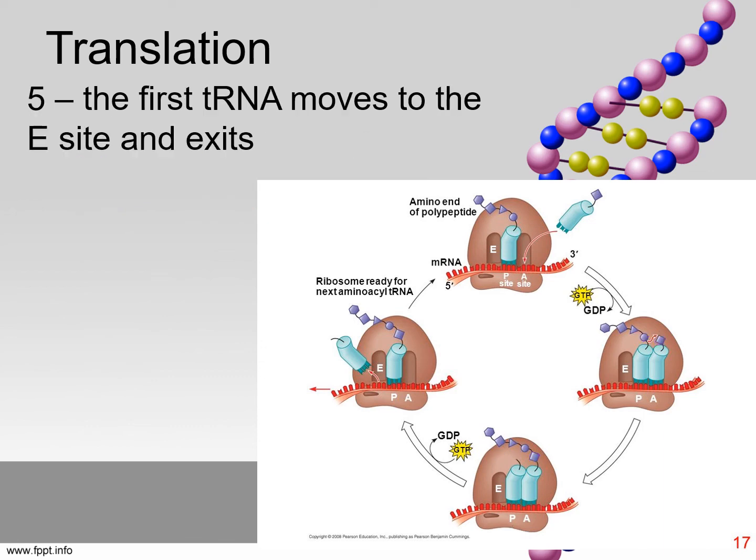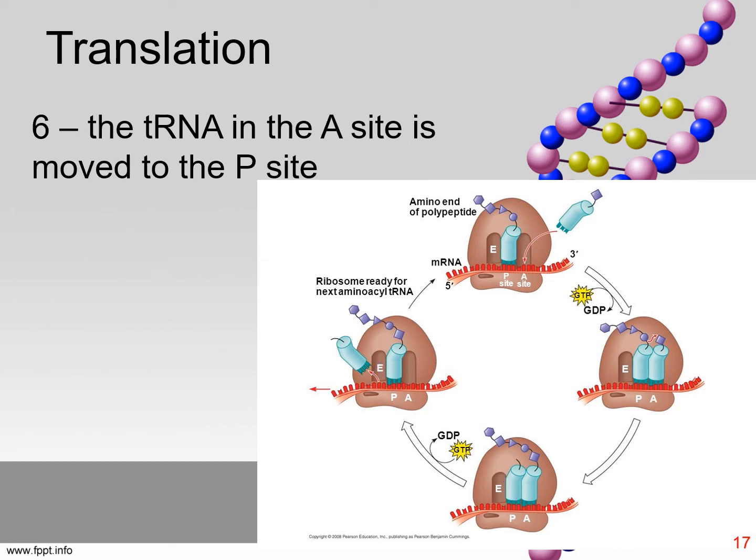And then, because this tRNA no longer has an amino acid, it's going to slide over to the E site. And then from the E site, it will exit. E for exit. That's going to allow this guy to move from the A to the P. When P moves to E and exits, A can move over to P, which means that we can then add another transfer RNA to the A site.